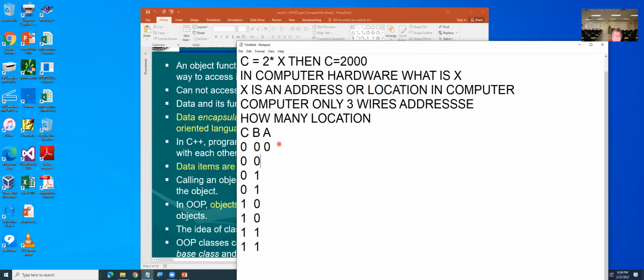So there will be 8 combinations for 3 wires.